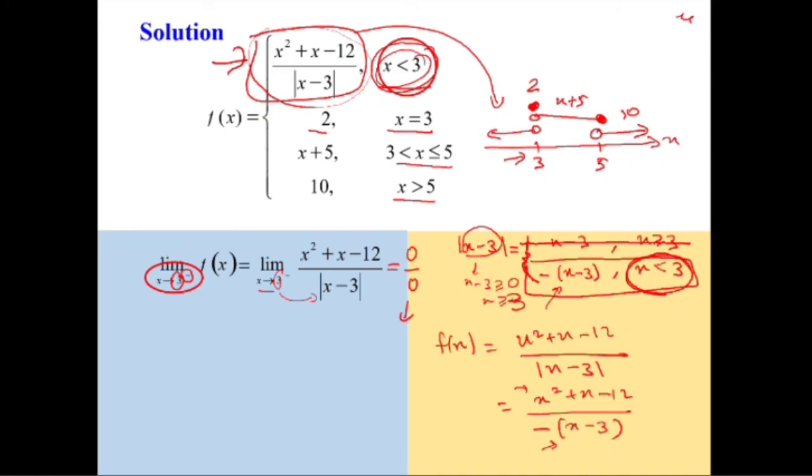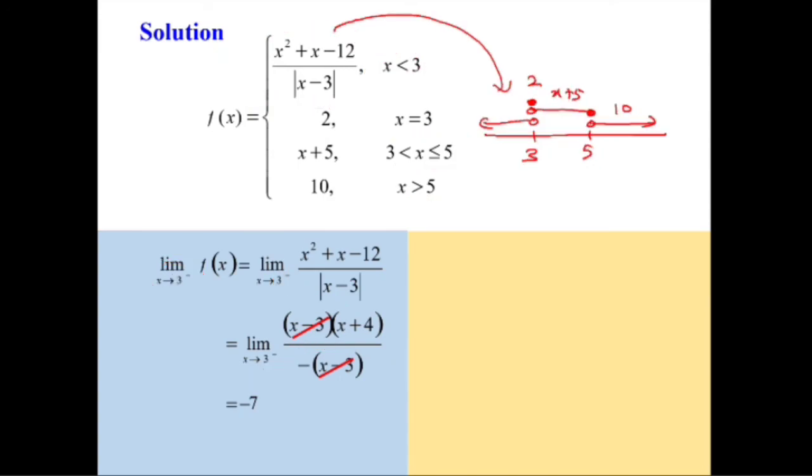So this means we have to also factorize the numerator. How to factorize the numerator? It's just x minus 3 times x plus 4. And then you cancel off that linear factor. What's left is just substitute 3 into the x and you get negative 7.